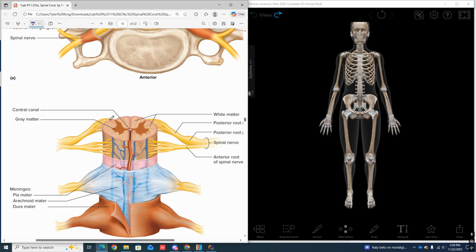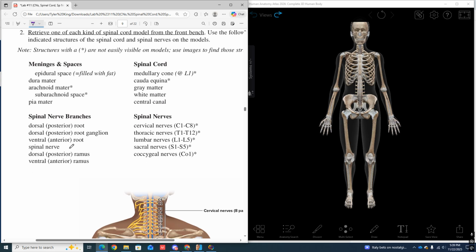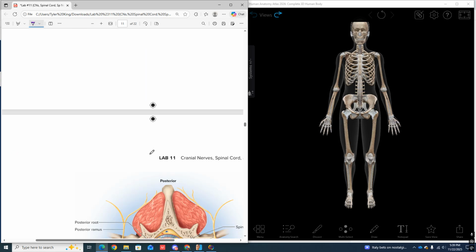You can see the gray matter, how it's on the inside of the spinal cord, versus the white matter on the outside. So the gray matter is deep, the white matter is superficial in the spinal cord. Interesting relationship they have there. To see the ramus, you have to look a little more big picture.